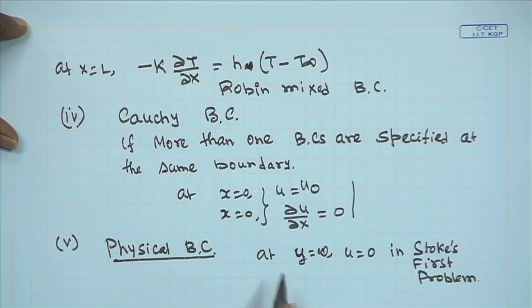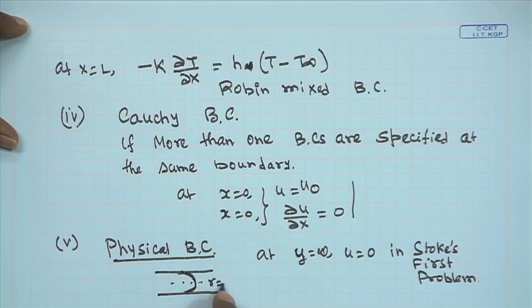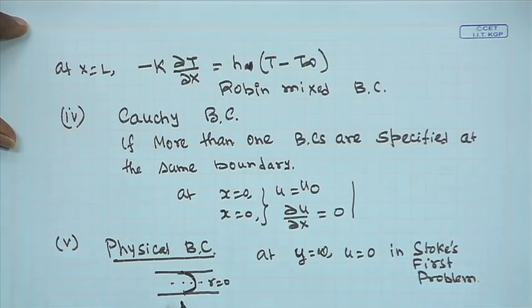Another case is flow through a pipe with a laminar velocity profile. At r is equal to capital R, velocity is equal to 0, which is called the no slip boundary condition. But what is the condition at r is equal to 0, at the center point?